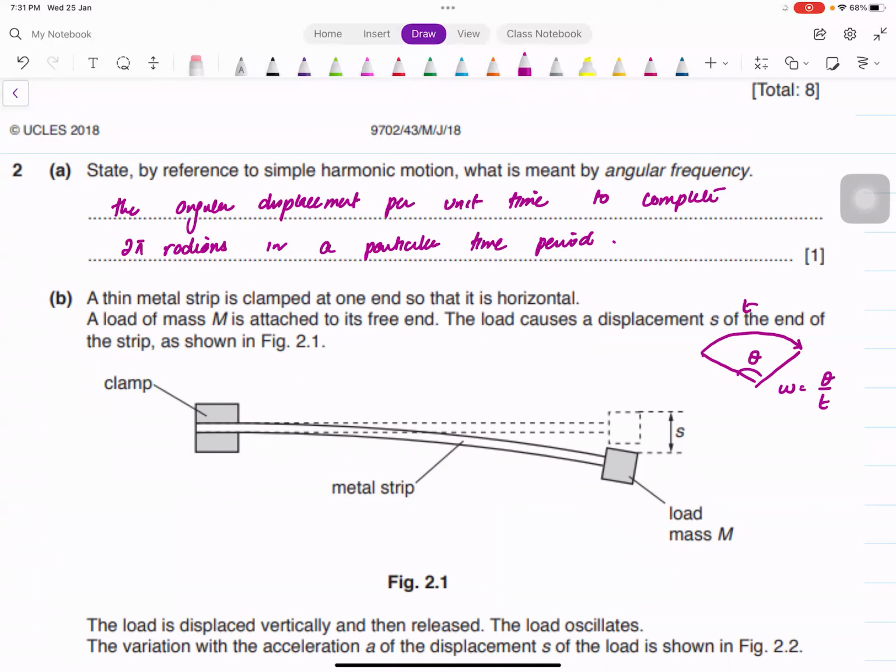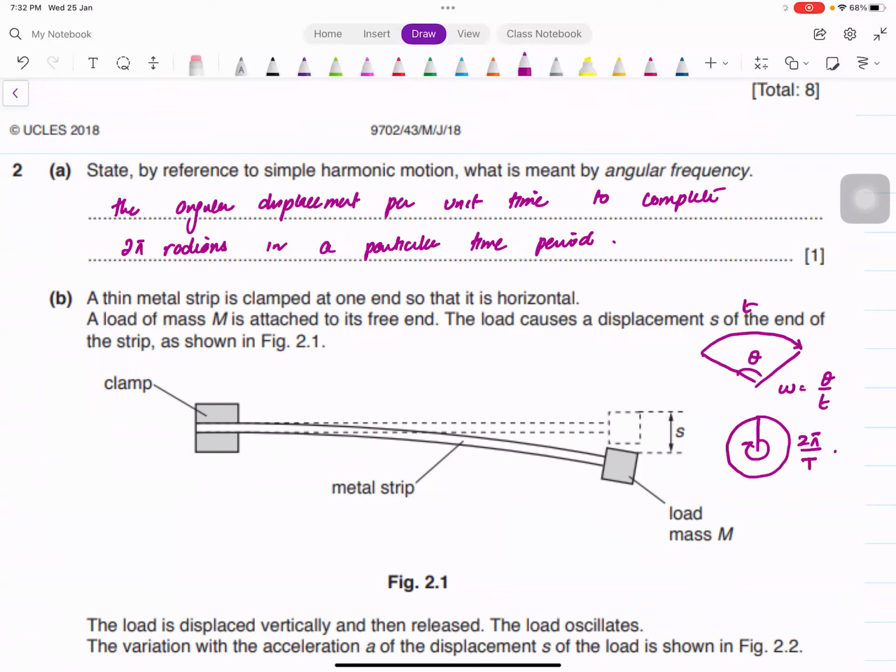But when you complete the whole rotation, so basically oscillation means a whole rotation, it has gone through an angle of 2 pi. And how much time does it take? A time period. That's what we need to explain. Understood? Yes, sir.